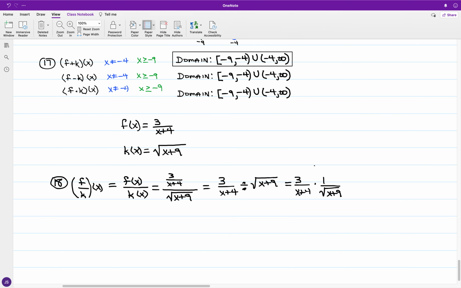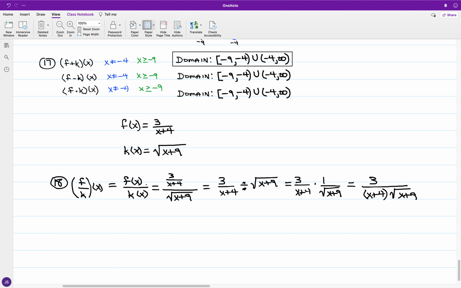And if we combine together, this will come out to 3 over the quantity of x plus 4 times the square root of x plus 9.